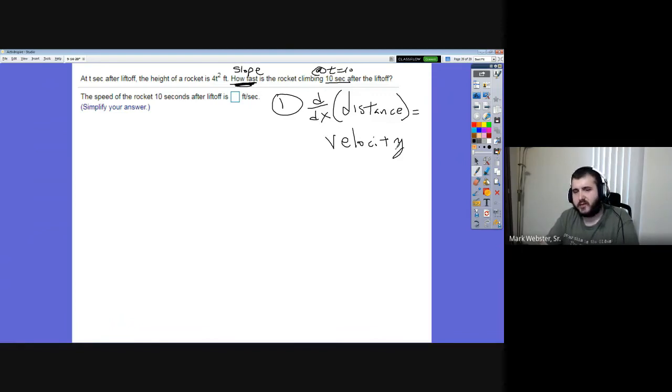The derivative of distance is the speed or the velocity, right? Here we're talking velocity because we could be talking about negative numbers, maybe going backwards, but in general, the two sort of mean the same thing. So we're going to find the derivative.